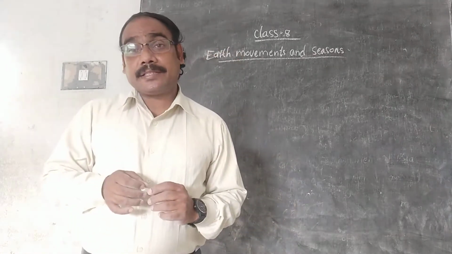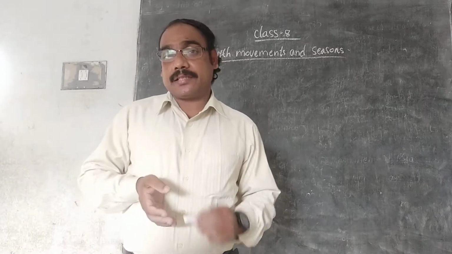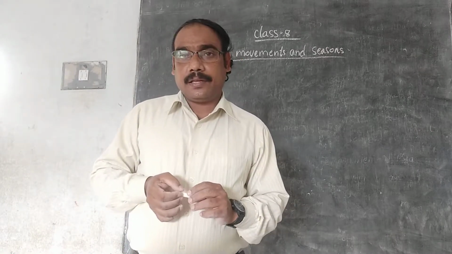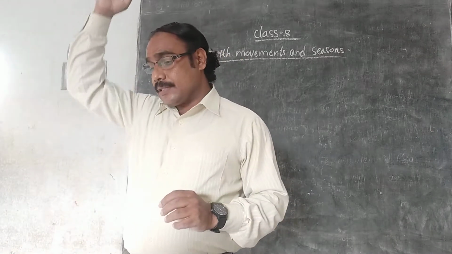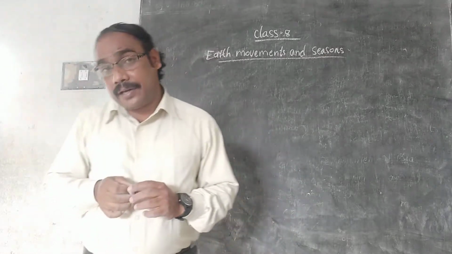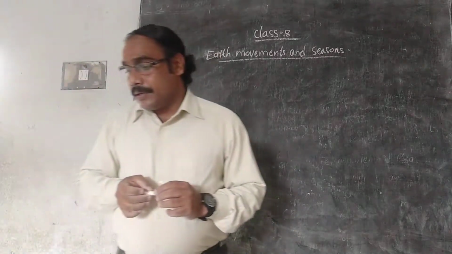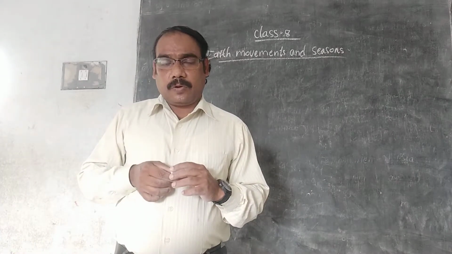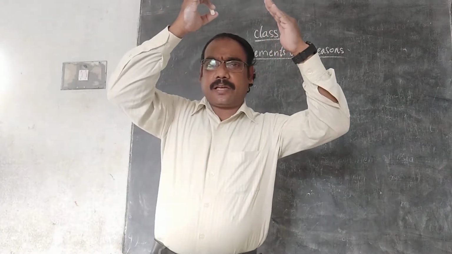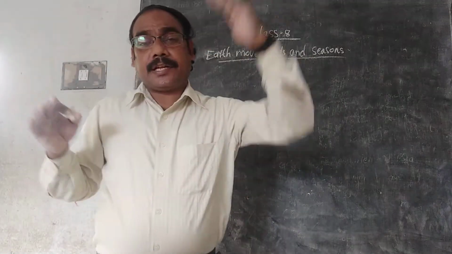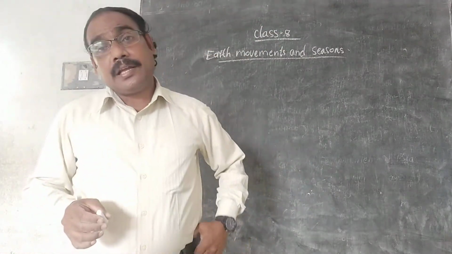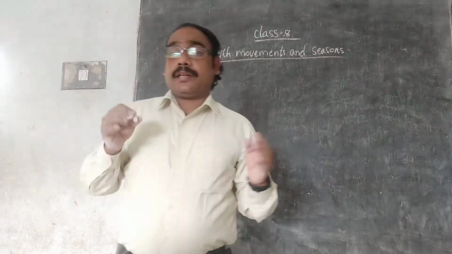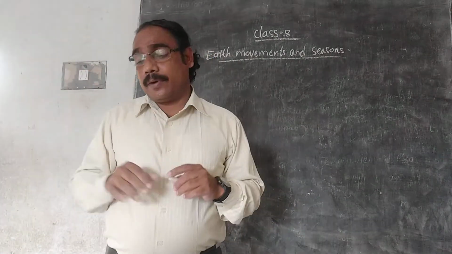Especially in some areas above 40 degrees Celsius it will be hot. That all happens because the sun's rays fall directly in our area. And already you know winds are always flowing from high pressure area to low pressure area. So that happens because of the monsoon type of climate.